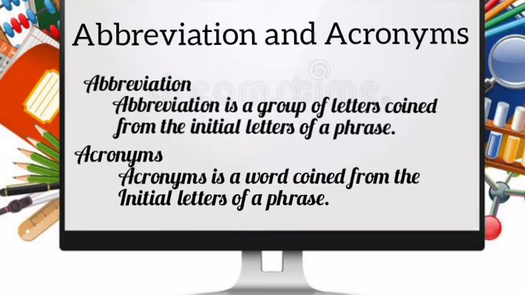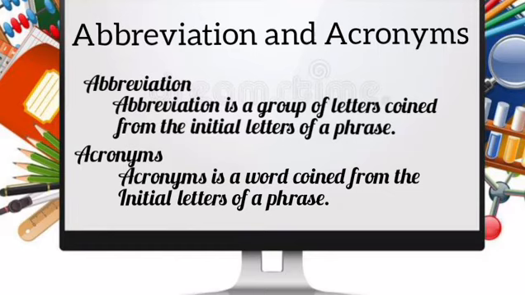For example, WHO: we are not spelling out each letter, we are reading that as a word, who. What is the expansion for that? World Health Organization. So when we read that as a word, it is called an acronym. When we spell out the letters, it is called an abbreviation. Are you clear about what is meant by abbreviations and acronyms?